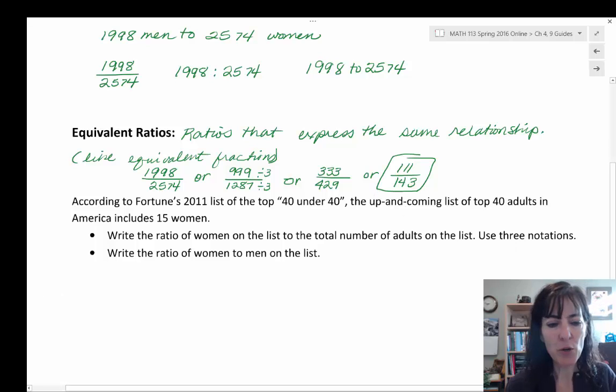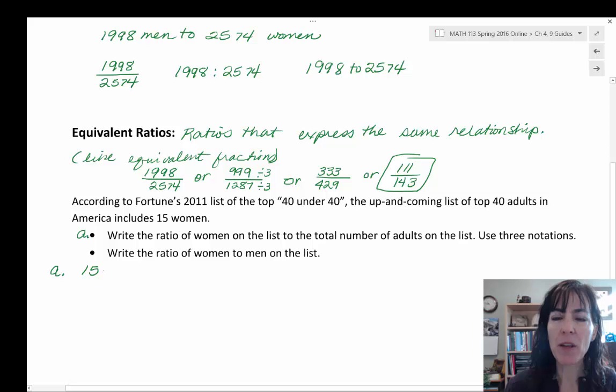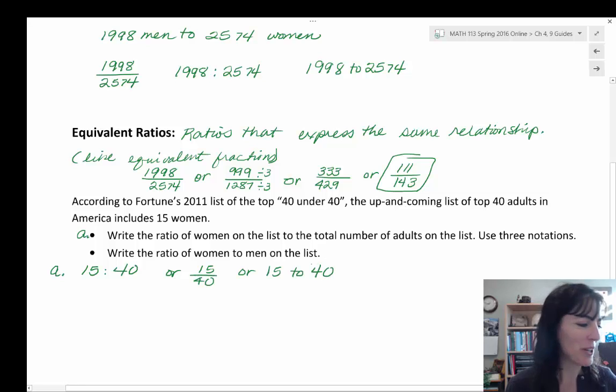So if I start with, we'll just call that one A and write it down here. I want women to the total number of adults. So it was 15 to 40, or 15 over 40, or using the word, 15 to 40.